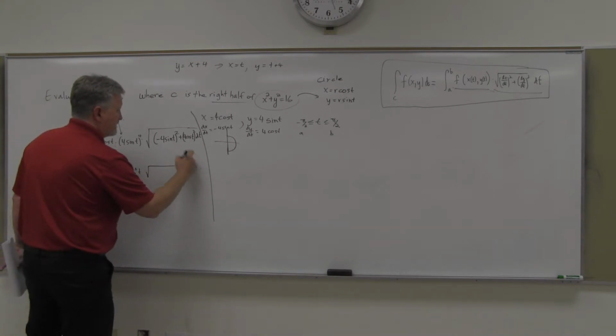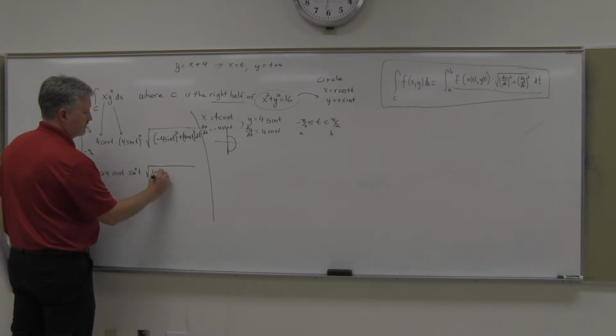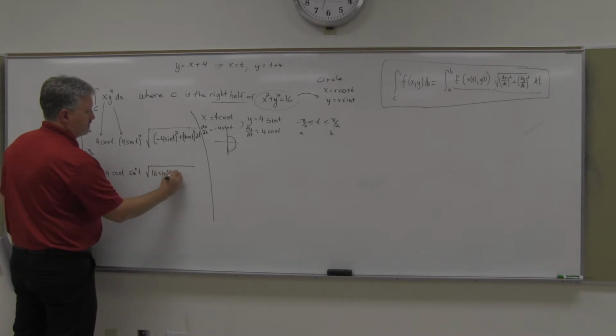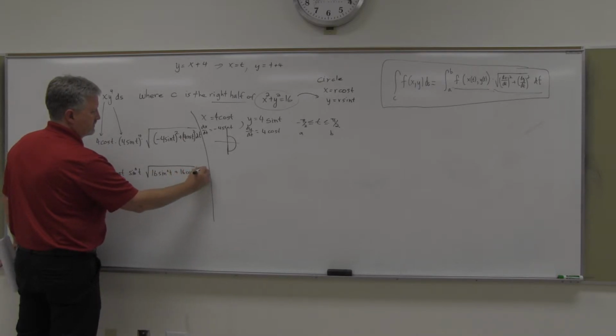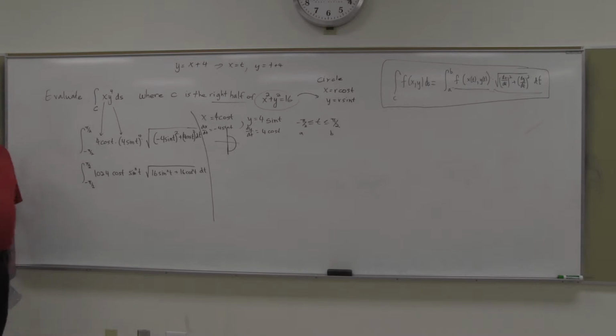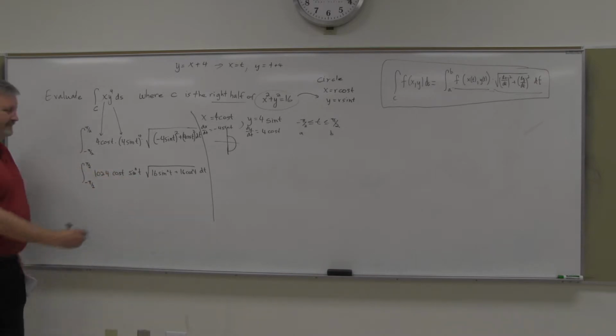And the good news on this is that'll give me 16 sine squared t plus 16 cosine squared t. Do you see what's going to happen there? If I factor off 16, I'll have sine squared plus cosine squared, which is 1.